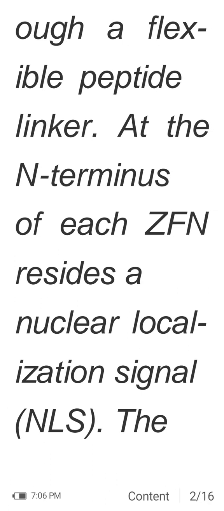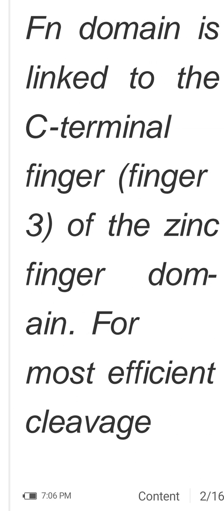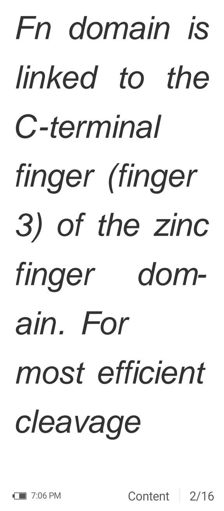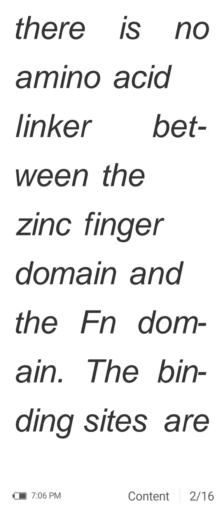At the end terminus of each ZFN resides a nuclear localization signal, or NLS. The FokI domain is linked to the C-terminal finger, finger 3, of the zinc finger domain.